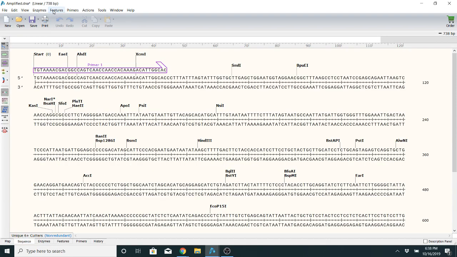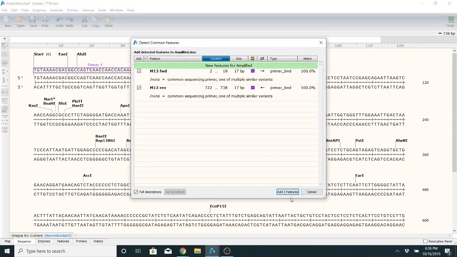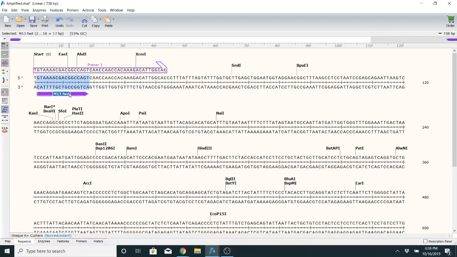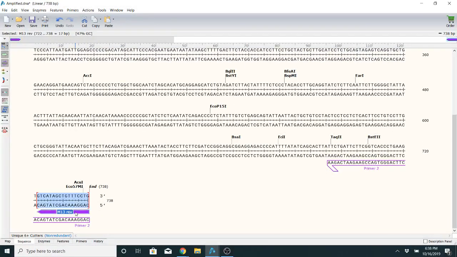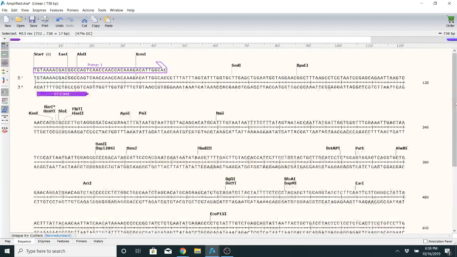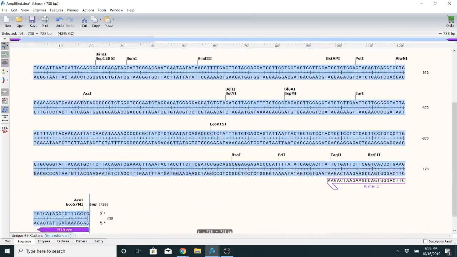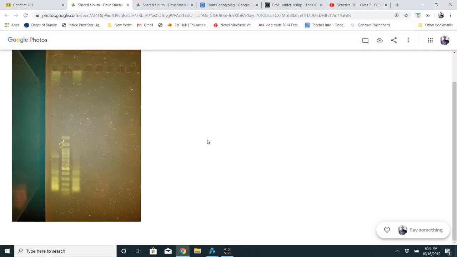And if you look, you can detect common features. So it detected the M13 sites, and bam, there's your M13 site added because it was part of the primer. And now when you go to sequence it, you can just tell them to sequence M13 forward, and they'll sequence from here on out. And that's why they have those tails.